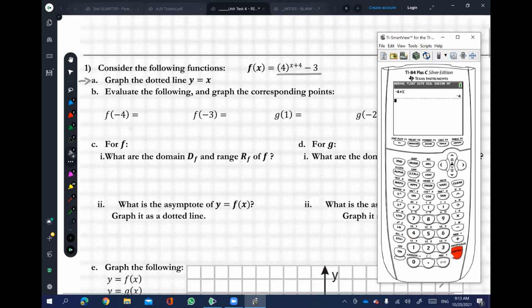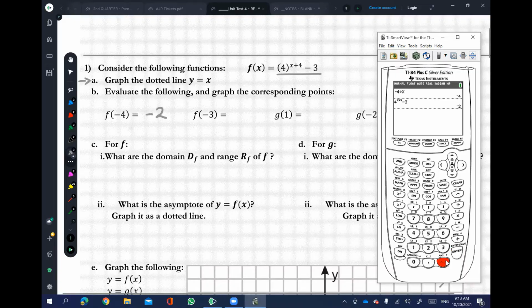Press enter, and then I'm going to type the function f of x, 4 exponent x plus 4, then I press the right arrow to exit the exponent, -3. I press enter, and I've got -2.